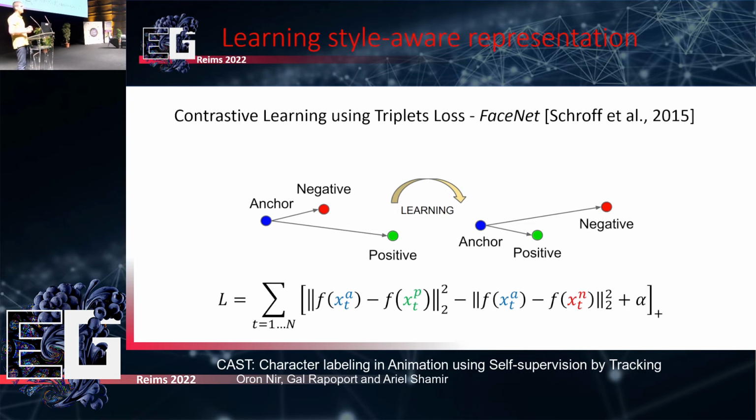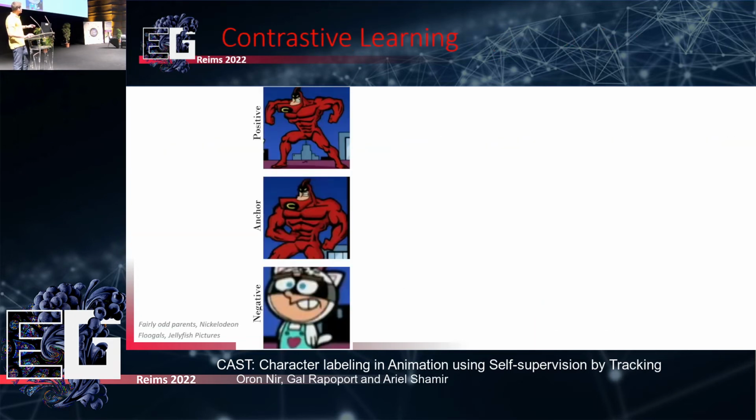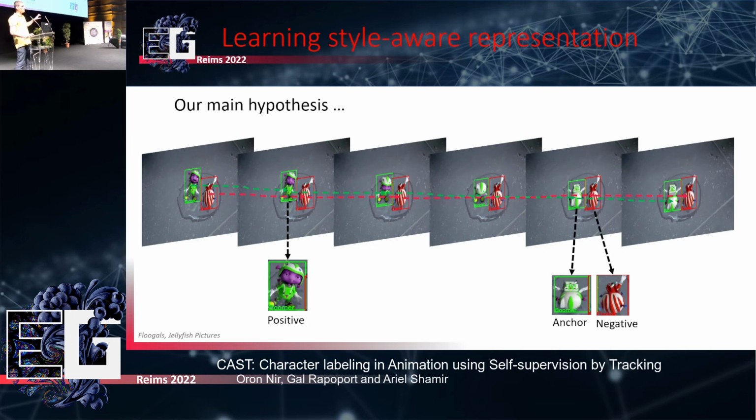Assuming the multi-object tracker works well, and given that two distinct bounding boxes of the detector within the same frame have different identities, we are encoding the identities of the different characters without even knowing their names. Since those two examples come from the same frame, they have different identities, and since we assume the tracker works well, we can sample another example from the anchor's tracklet to be considered as a positive example.